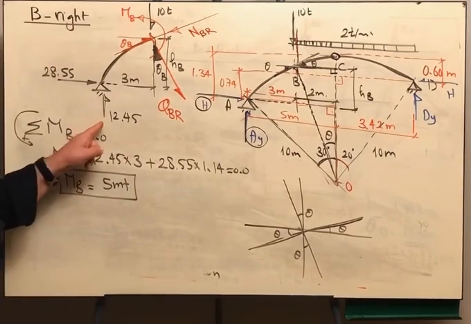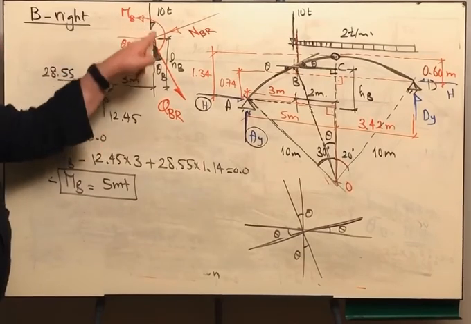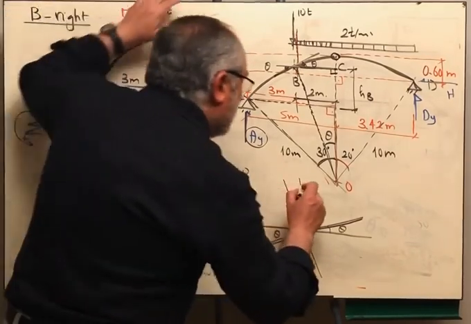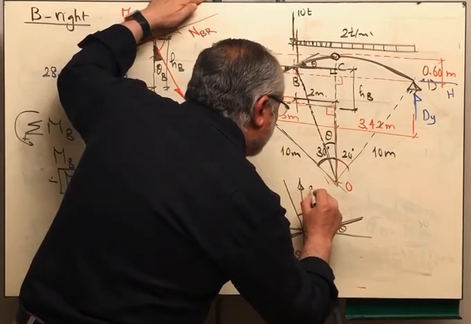Okay, in the vertical direction, I have 12.45 and 10, so the result will be 2.45.